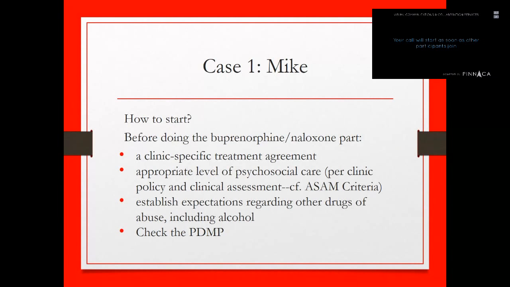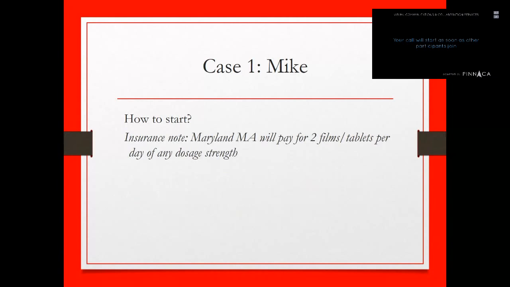So from a practical standpoint, there's a couple ways to start buprenorphine. We can either do an observed induction, which is what the core of the buprenorphine waiver training talks about. So an in-office induction involves either you having stock medication in your office or the patient picking up a prescription for buprenorphine and bringing it back to your office and taking it under direct observation.